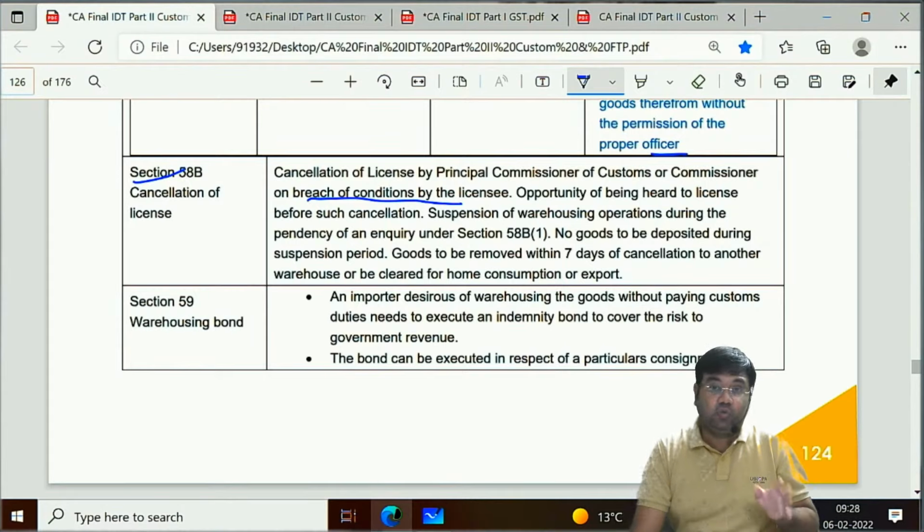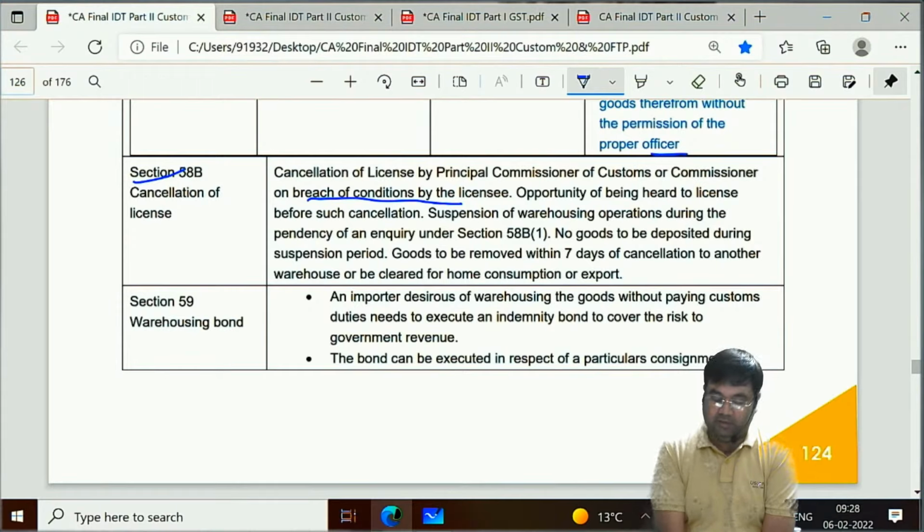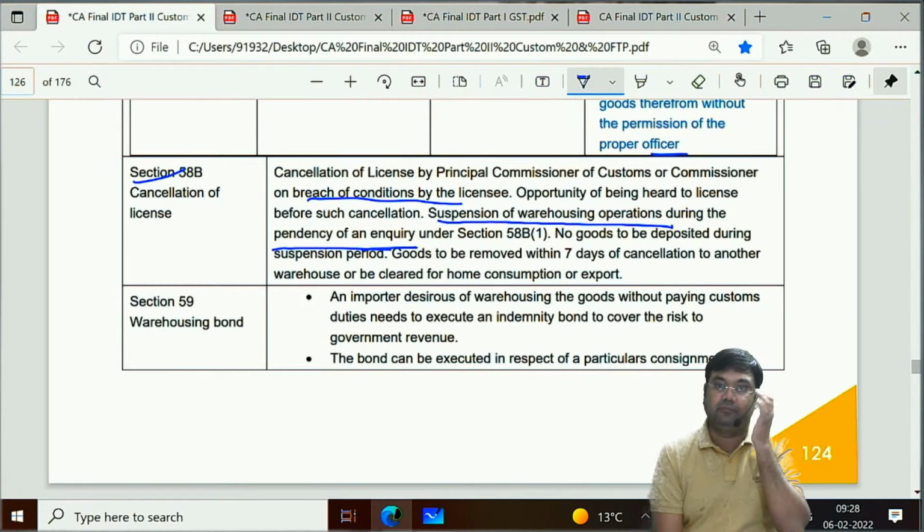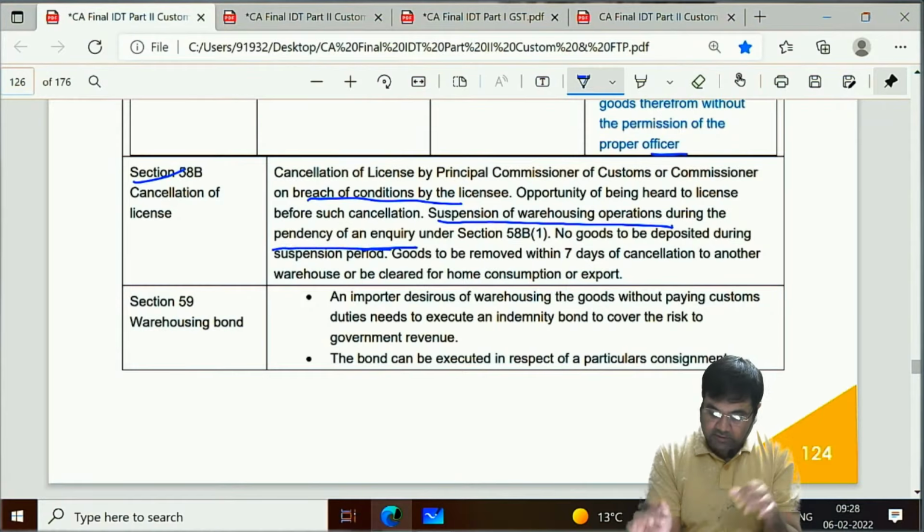Because cancellation is too harsh, which you cannot just decide in 1 minute. So of course you need to prepare the document, you need to do the inquiry. So it is going to take time. So what these department people are going to do, they are going to suspend the warehousing operation during the pendency of any inquiry. So during this suspension period, no new goods are to be deposited.